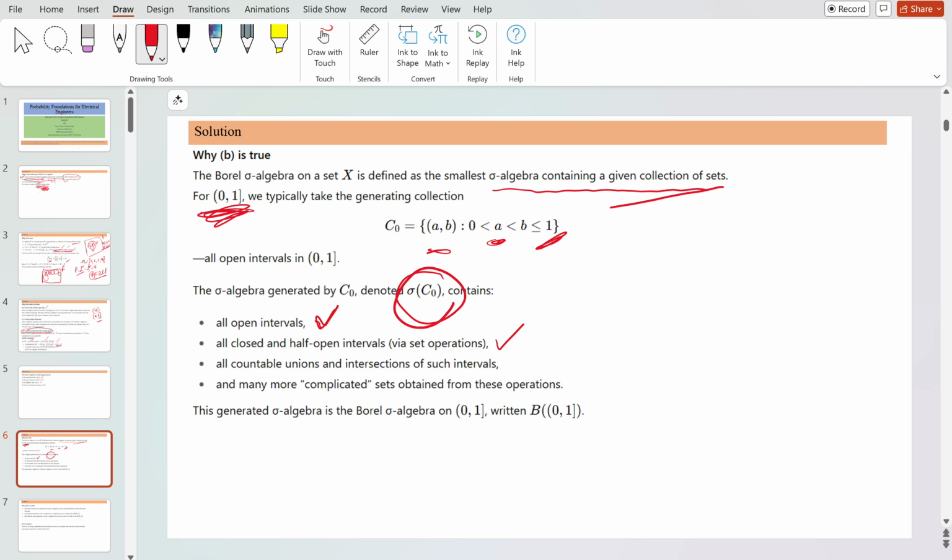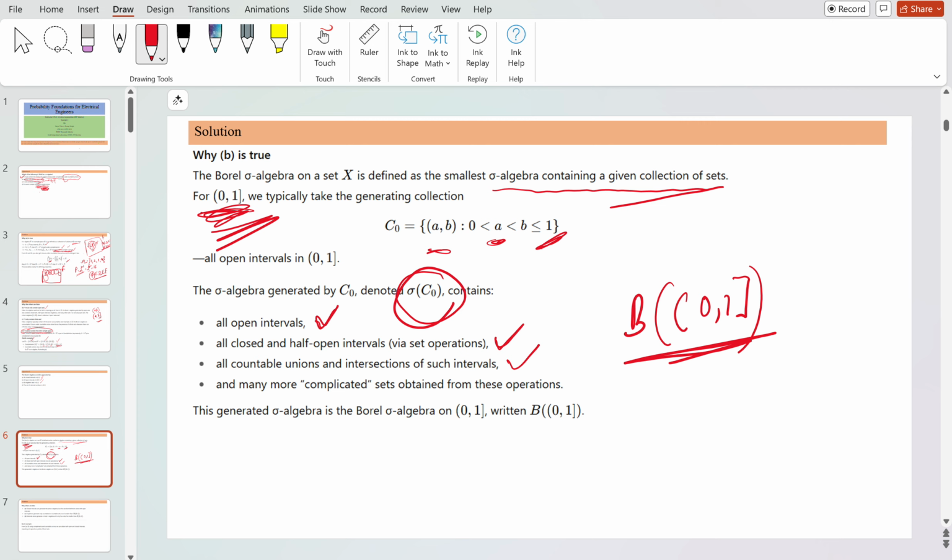It contains all closed and half-open intervals via set operations, all countable unions and intersections of such intervals, and many more complicated sets obtained from these operations. So the generated sigma algebra is the Borel sigma algebra on 0 1, written as Borel of B(0, 1).